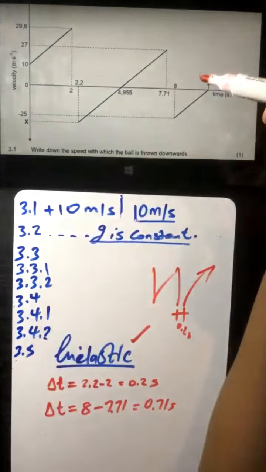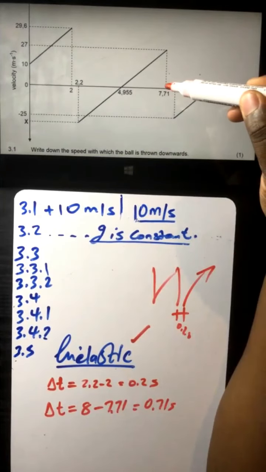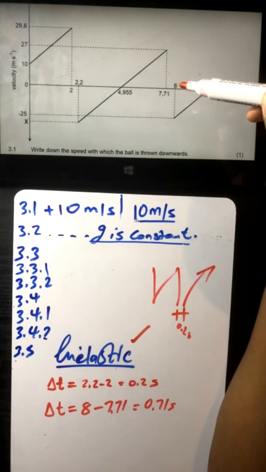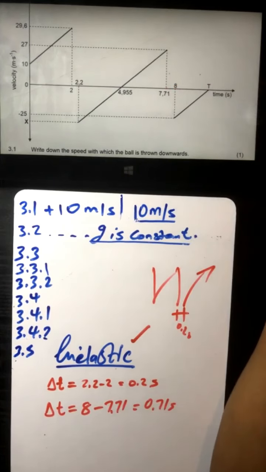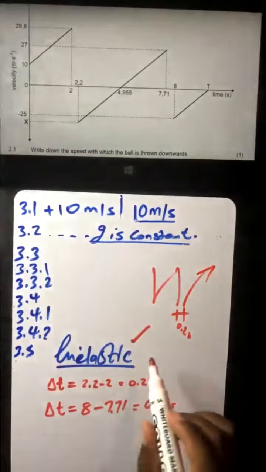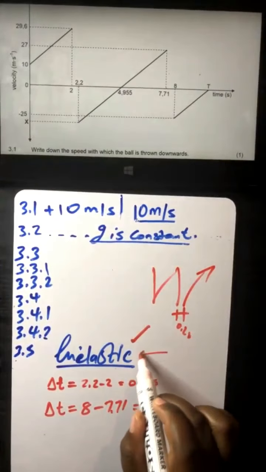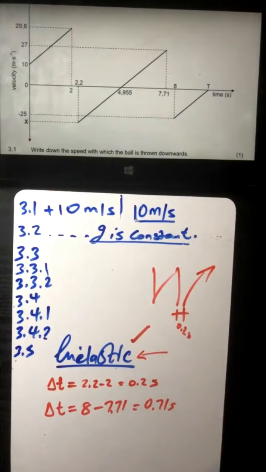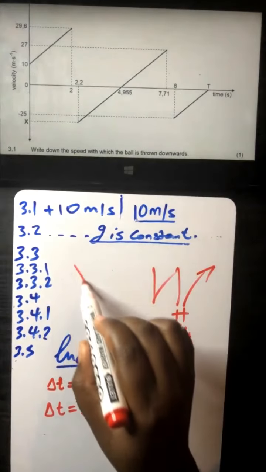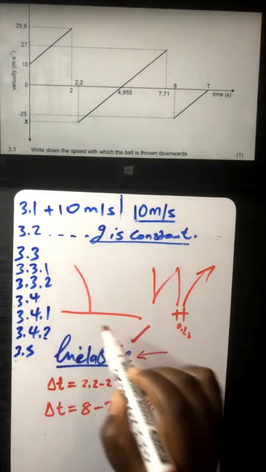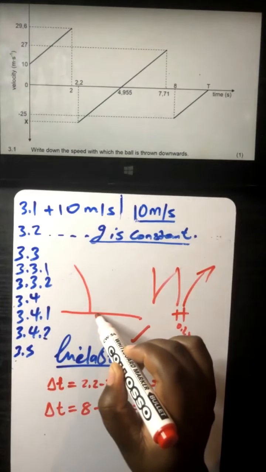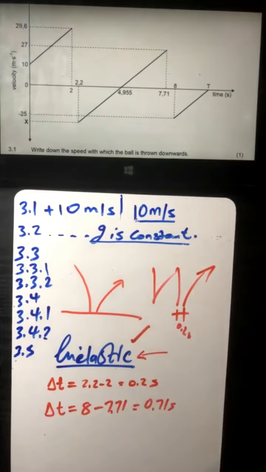So can you see? It means the time at which that ball strikes the ground is not the same time at which it leaves the ground, which makes the collision inelastic. Why? Because the time at which the ball strikes the ground is not the same time at which the ball leaves the ground.